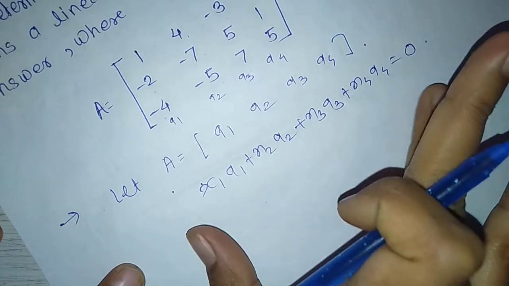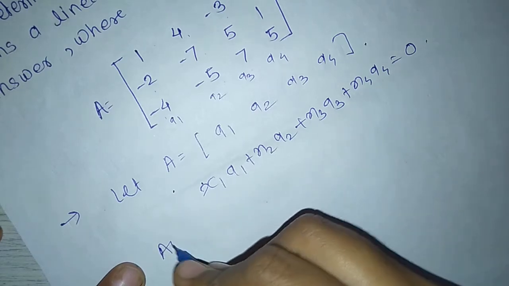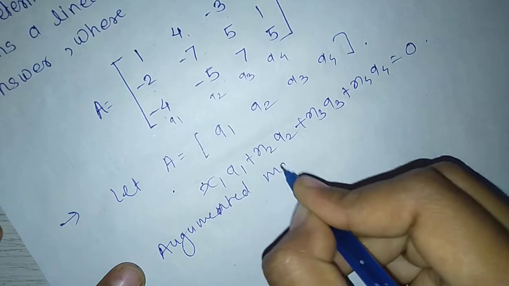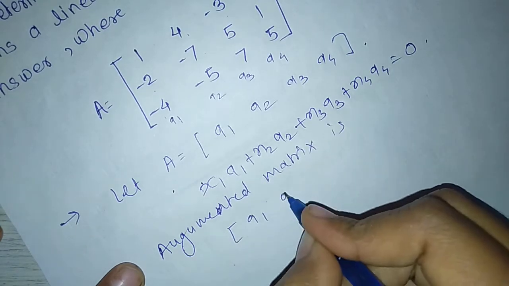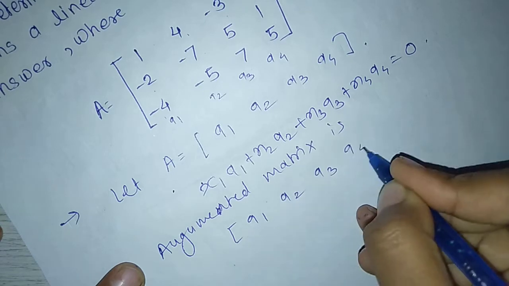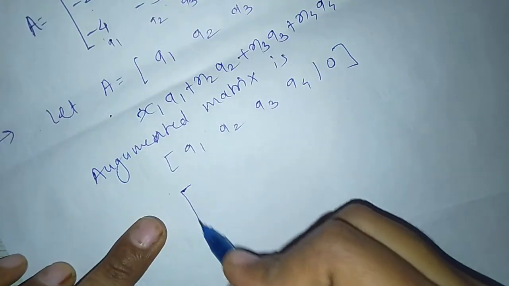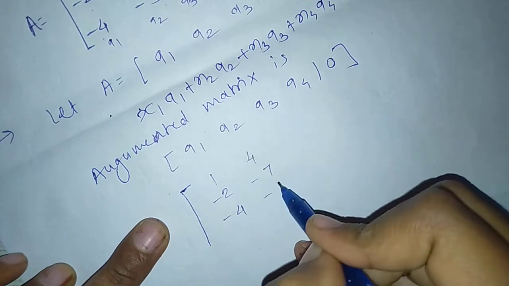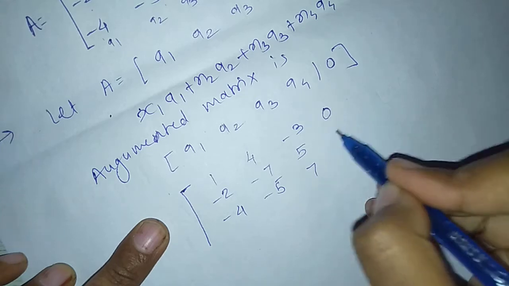Now the augmented matrix of this homogeneous system is A1, A2, A3, A4 augmented with the 0 column, means 1, minus 2, minus 4, 4, minus 7, minus 5, minus 3, 5, 7, 0, 1, 5.